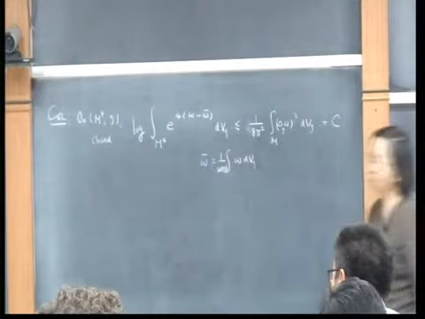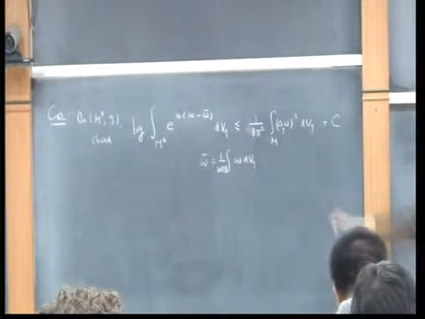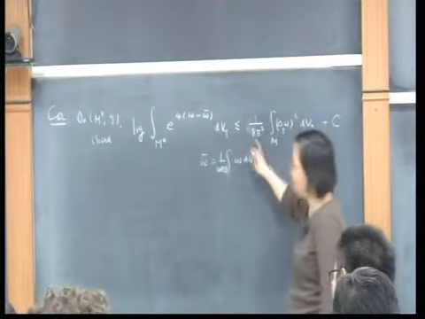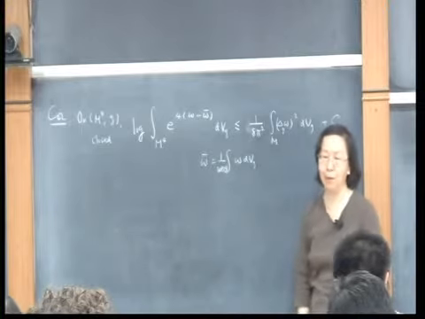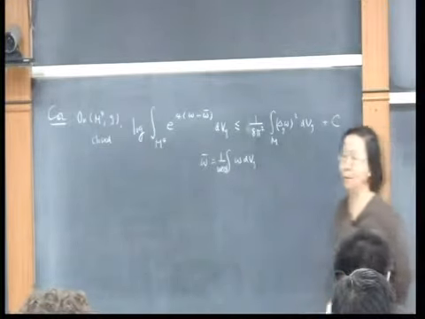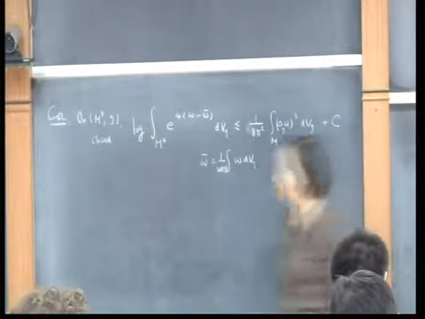So a consequence of this Adams inequality is we have 4 times 8 pi squared is 32 pi squared, and that linearized form is this, and that's the form we will use.